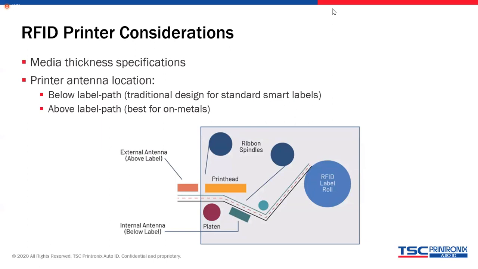Getting into the printer side of things, when you're looking at the printers you might use, probably the first consideration you want to take into account is the media thickness specifications. If you go back and look at the printer data sheets and brochures from a year or more ago, this information was usually pretty unclear, very often contradictory, or not stated at all.